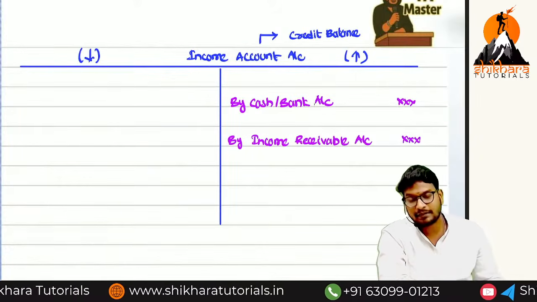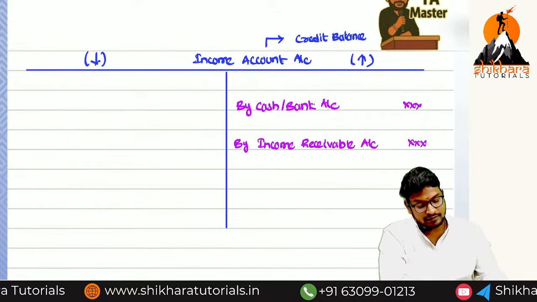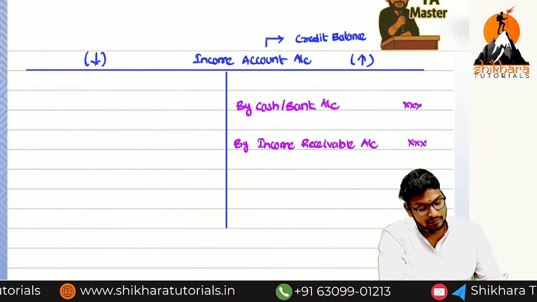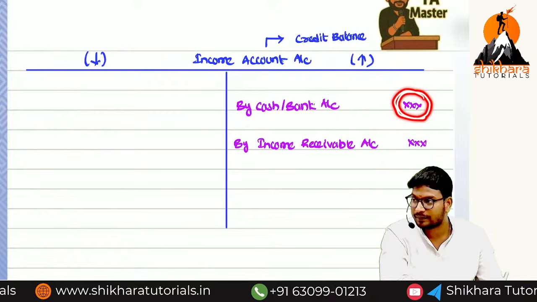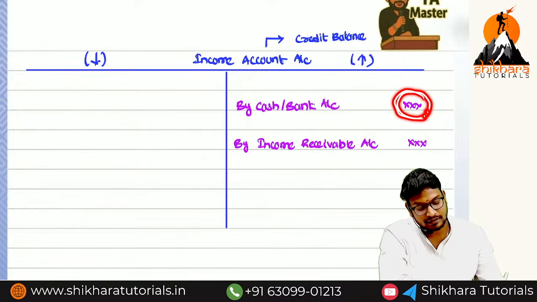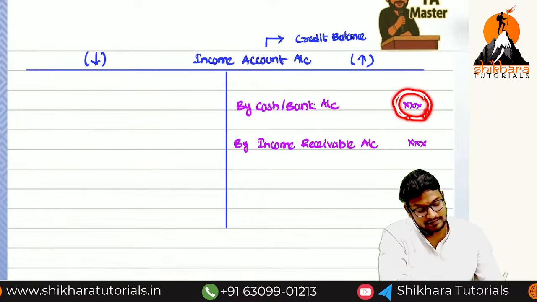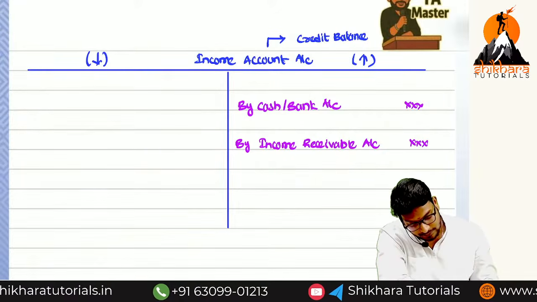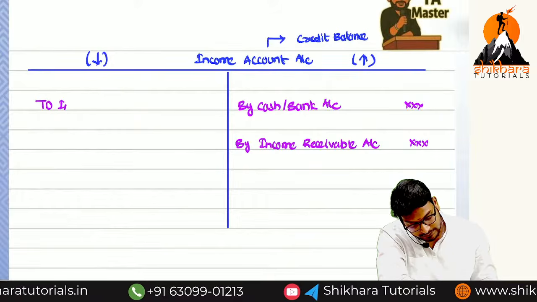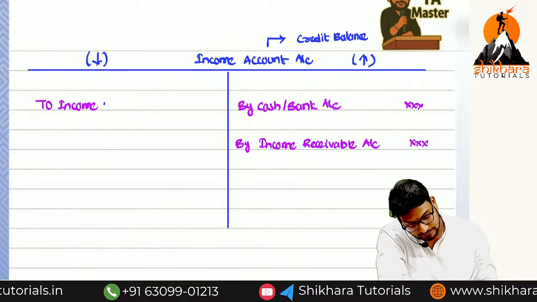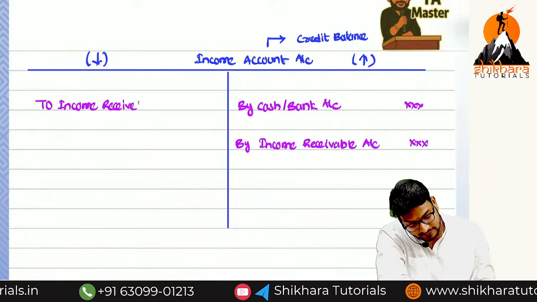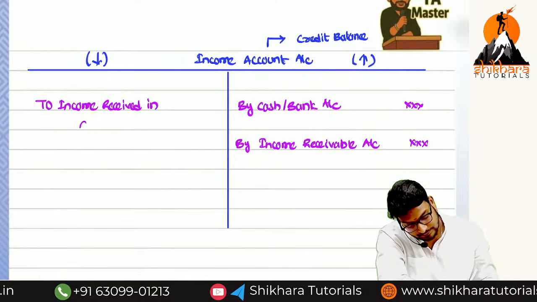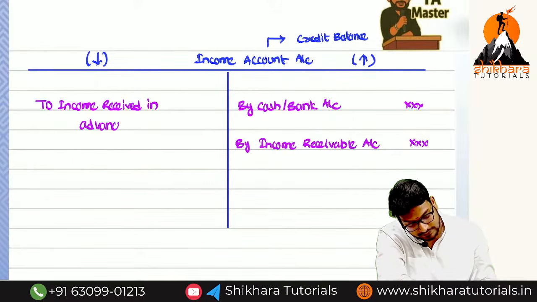When coming to income received in advance, it is already included in income received, yes or no? So here which side? Credit side. In order to decrease this one, which side do we have to record? Debit side, with the name of to income received in advance account.